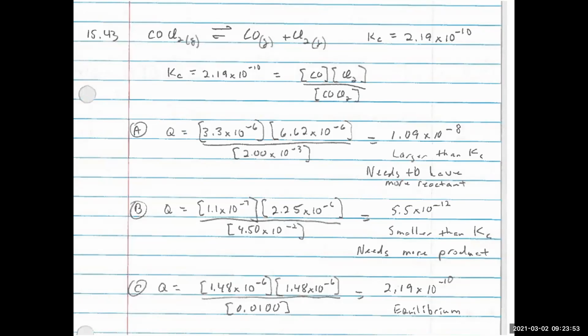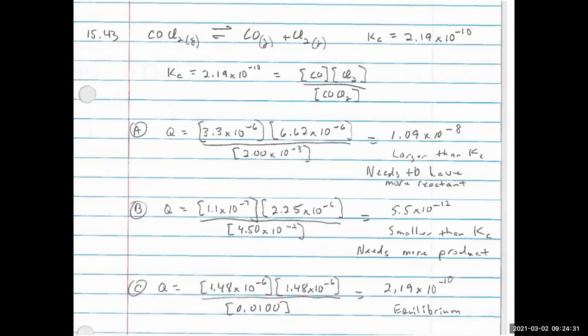So that's the CO times the Cl2 concentration divided by the COCl2 concentration. No coefficients there in the balanced equation except for 1, so we don't have to have any exponents on any of those. And then that's equal to that equilibrium constant that we were given, the 2.19 times 10 to the minus 10. So for our Q value, we're just going to take that equilibrium constant expression, and plug in the values that were given for this point in time.